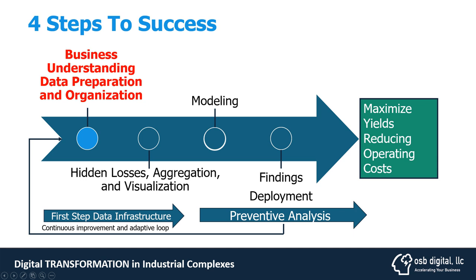So the first step to get started is really to identify the business understanding, the data preparation and organization, which usually resides on how, let's say if you have PI, on how PI needs to be organized correctly so the data becomes available for everybody. And then you can calculate these hidden losses by catching when you are not operating at target.